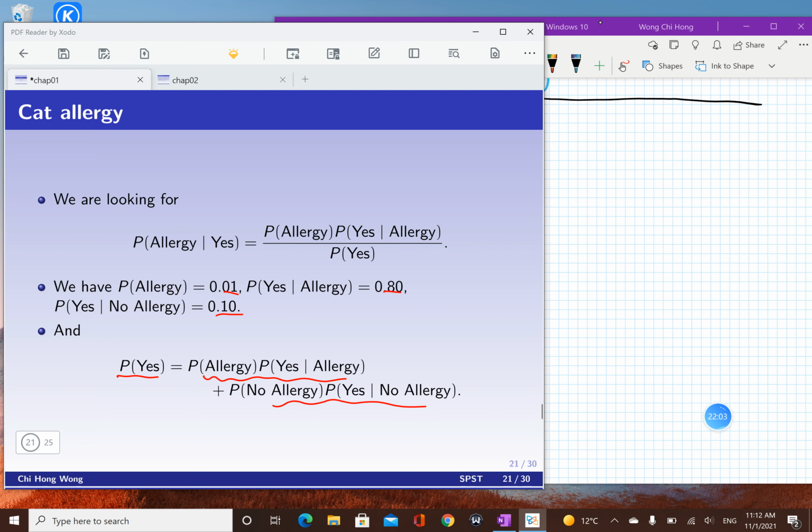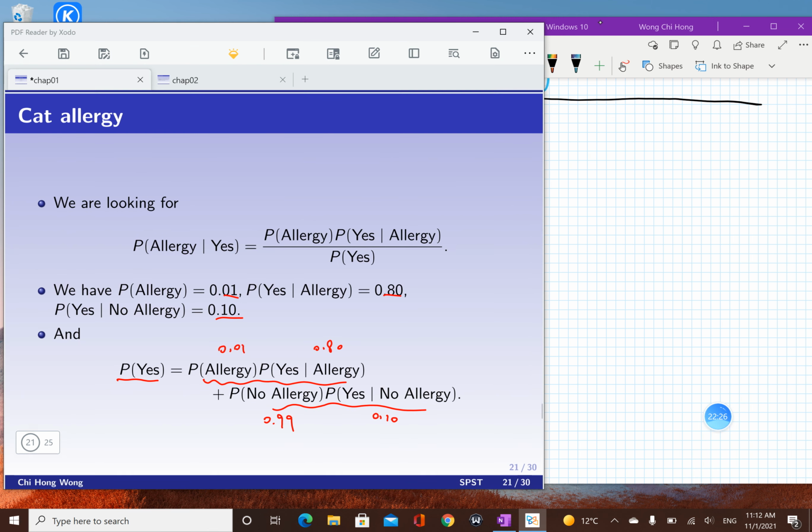People having allergies is 1%, so 0.01 here. That means you're not having allergies is 0.99, a 99% chance. But when you do have the allergy, you have an 80% chance of getting the positive result. If you don't have allergies, you get a 10% chance of getting this.